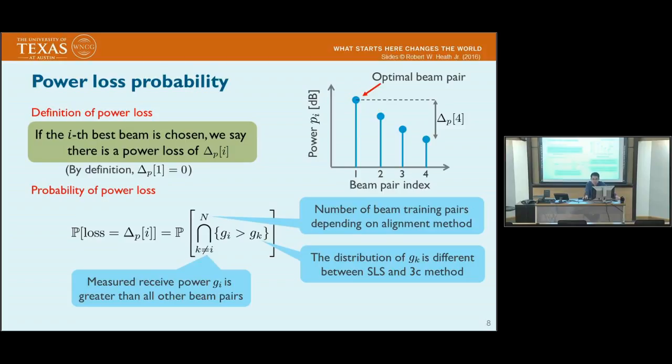That is, if after beam training the i-th best beam pair is chosen, we say that there is a power loss of delta P of i. And by this definition, delta P of 1 is 0. With that, we can compute the power loss probabilities from that definition: the probability that the beam measurement of the i-th beam pair is larger than the rest of the beams.